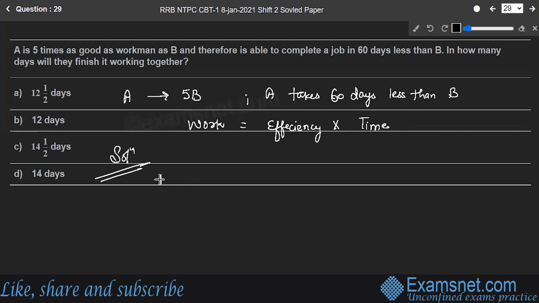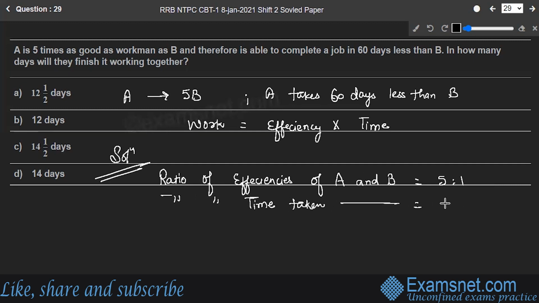First thing, the ratio of efficiencies of A and B is 5:1. And the ratio of time taken by A and B is 1:5.